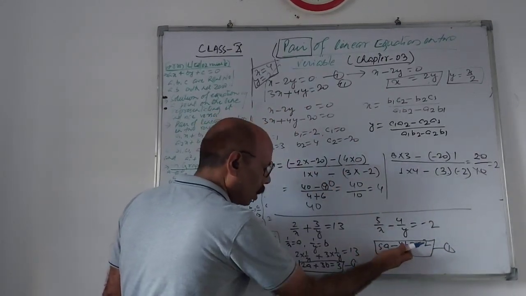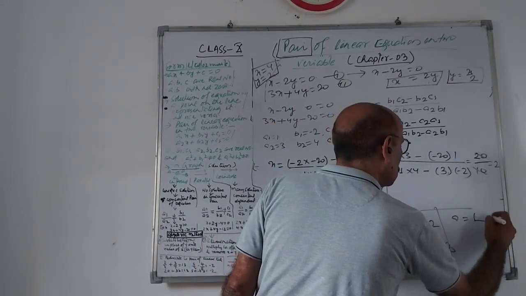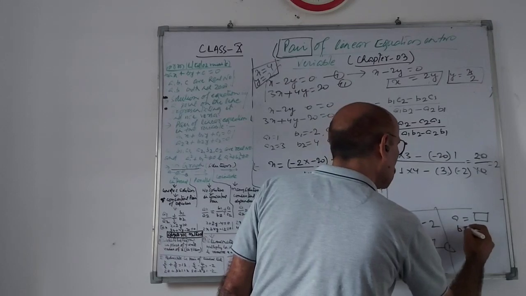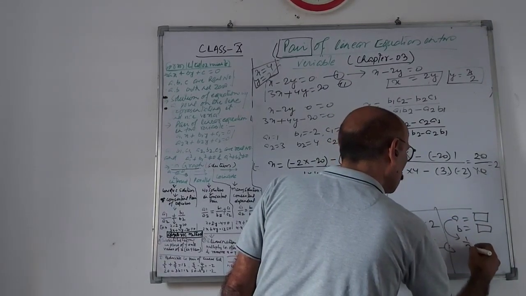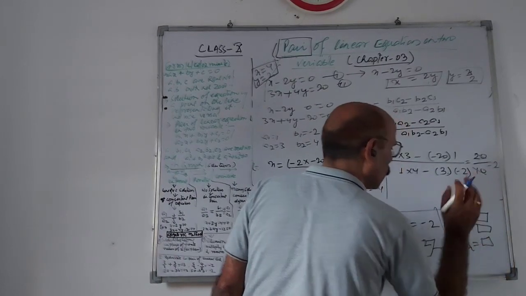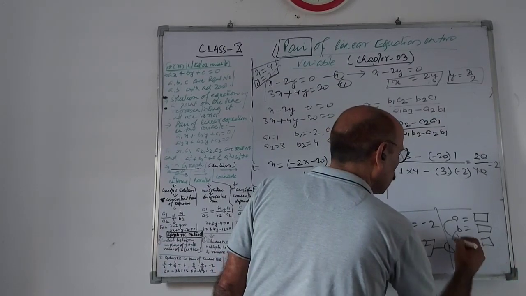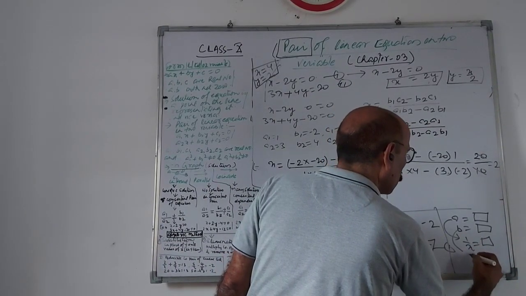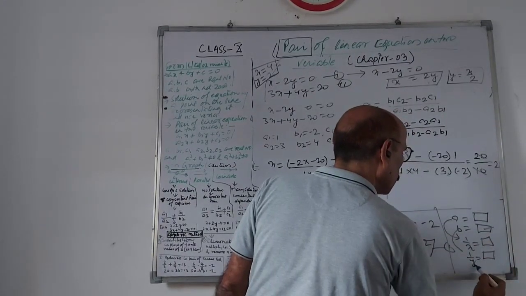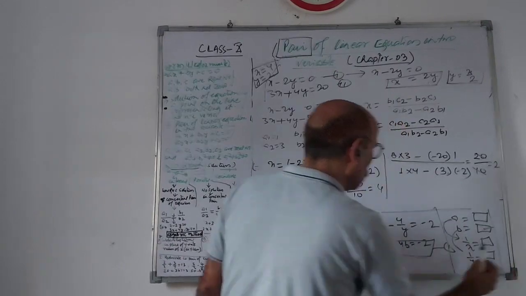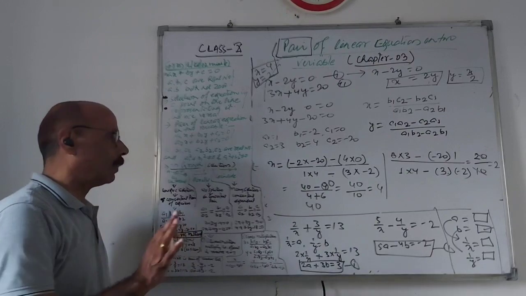And when you solve these equations, whatever result comes for a, you write 1 by x is equal to that number, and then find x. In the same way for b, 1 by y is equal to whatever value of b has come, and then find y. So simple. This is called reducible to a pair of linear equations.